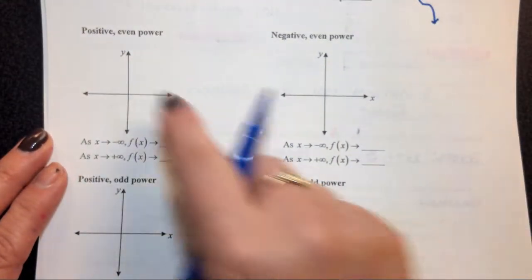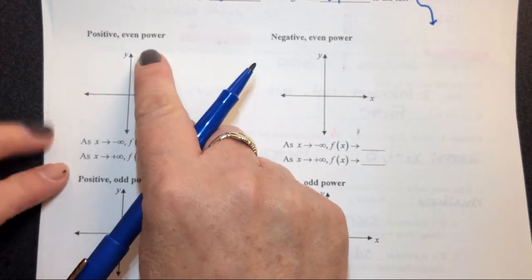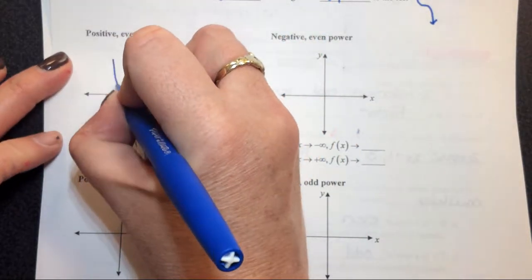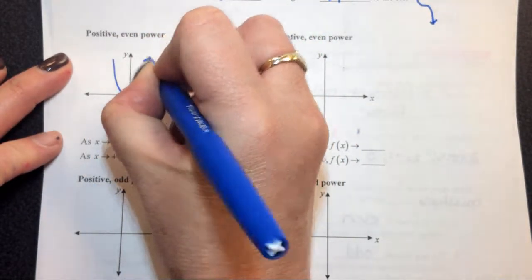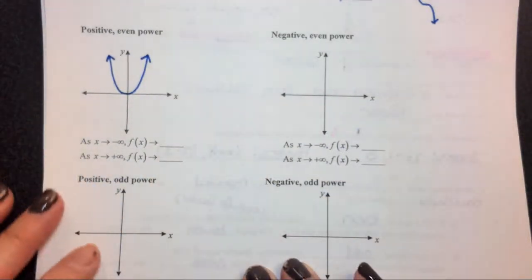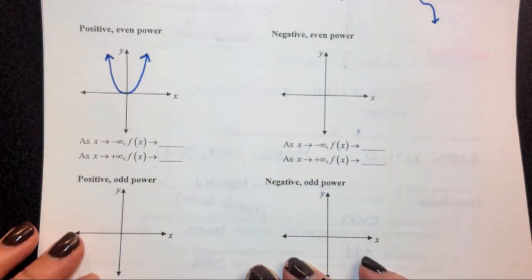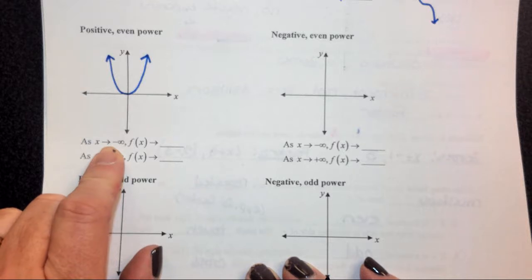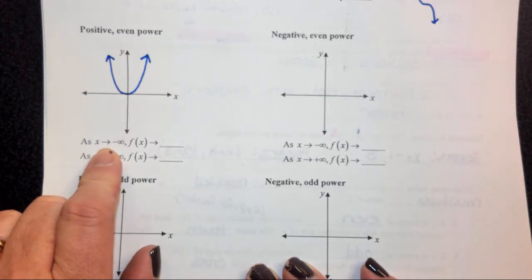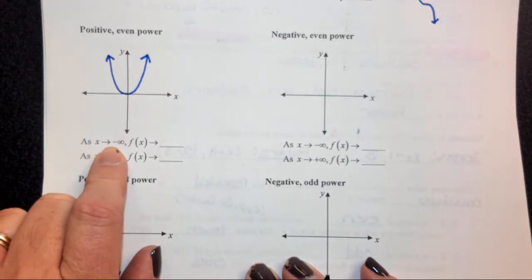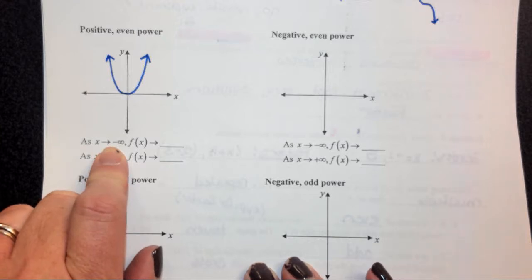So to summarize this with a graph, if you have a positive even power polynomial, so your leading coefficient is positive and it's an even degree, you should be familiar with this notation. When you say as x approaches negative infinity, you are looking at the end behavior on what side, the right side or left side?